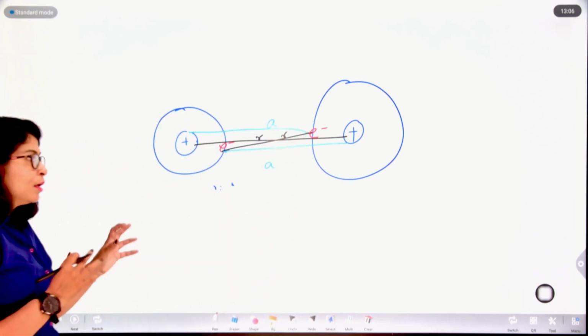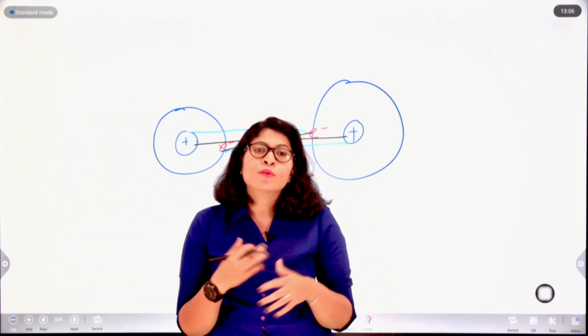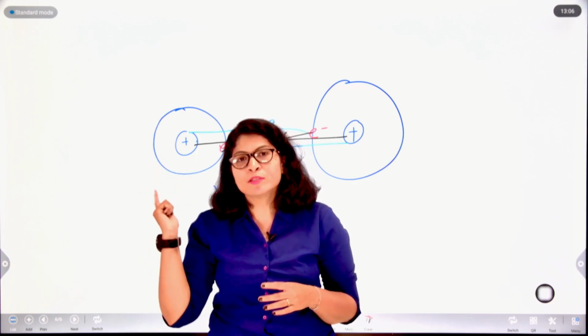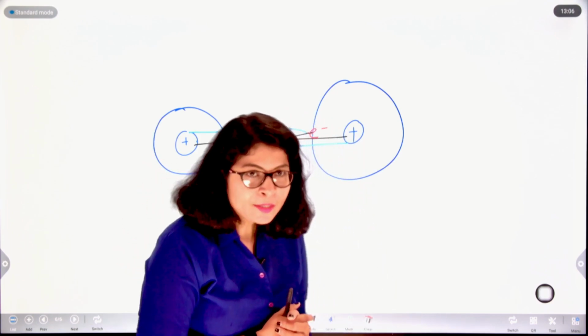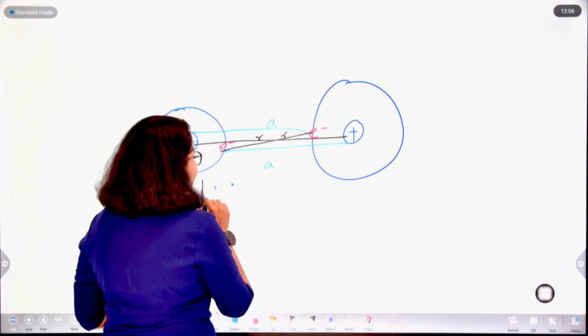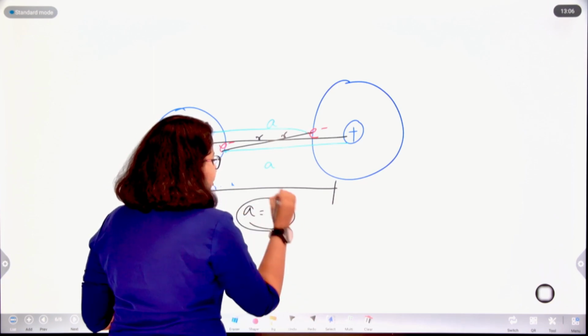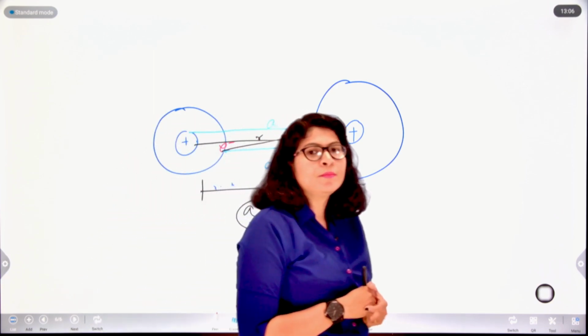So the net bond length will be when the atom overcomes these attractive and repulsive forces, right? When the atoms are at a distance where the attractive and repulsive forces balance each other, then we say a covalent bond is formed.